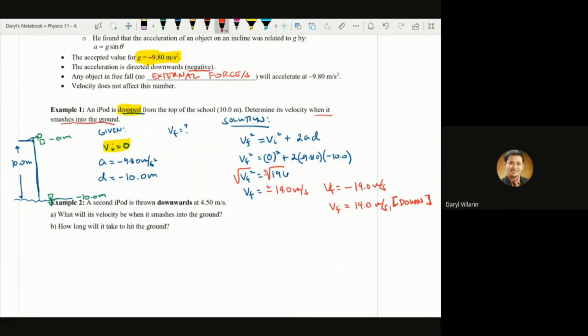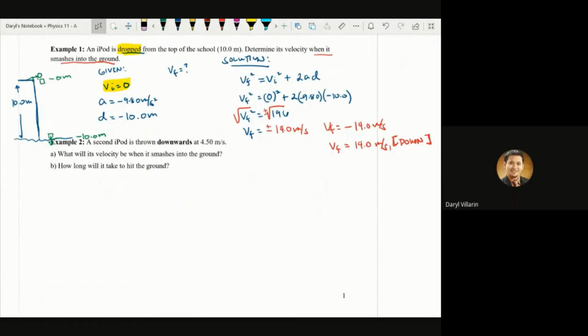Because you might be thinking, oh, when it hits the ground, it's at rest, so it's zero. Then again, it's the same thing as asking for the impact velocity. So the velocity just before it hits the ground, so maybe at the brink of hitting the ground.